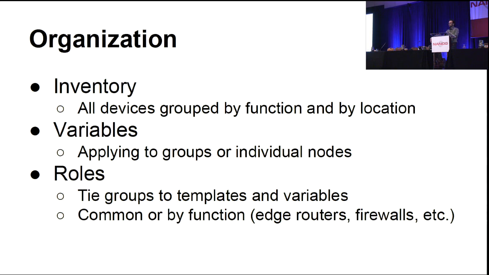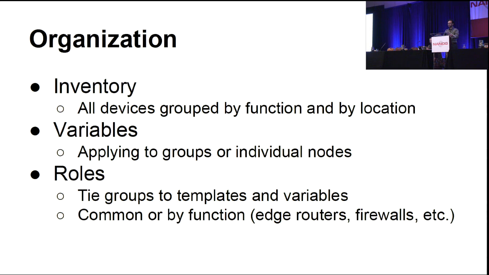Why? Because things that are in those groups have common things, right? Edge routers have very many things in common, and things that are in a location have things in common. So you use those commonalities and those groups to let Ansible be smarter about how the templates are rendered.